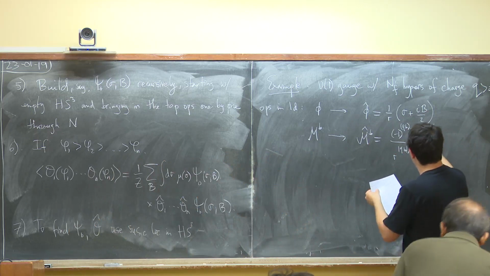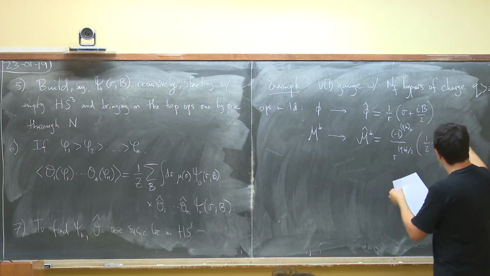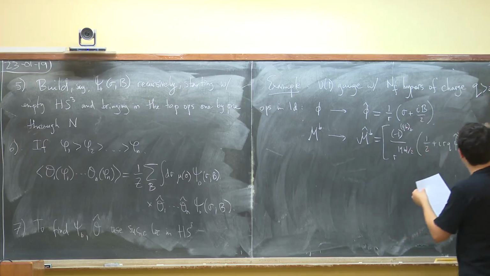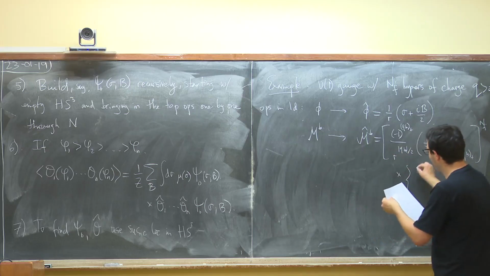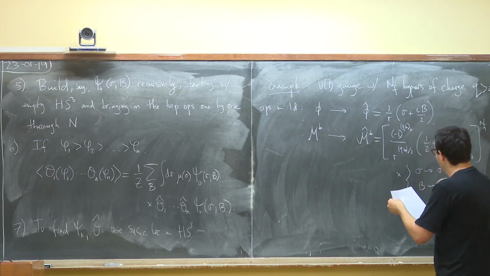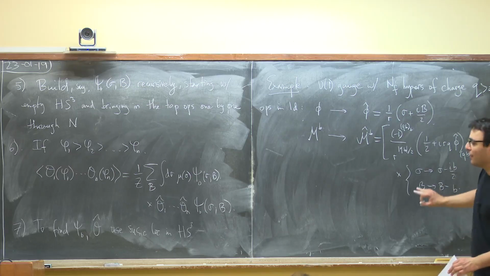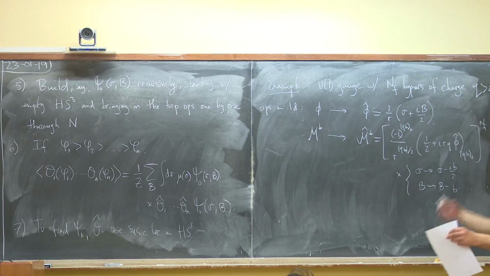There's a Pochhammer symbol, 1/2 plus i r q phi hat, qb plus everything raised to the power NF, multiplied by some shift operator that sends sigma to sigma minus ib over 2 and b to capital B minus little b. Anyway, a fairly complicated thing. So first act on psi of sigma and b with this shift operator, and then we multiply by this quantity. A fairly complicated thing, but we can work it out.